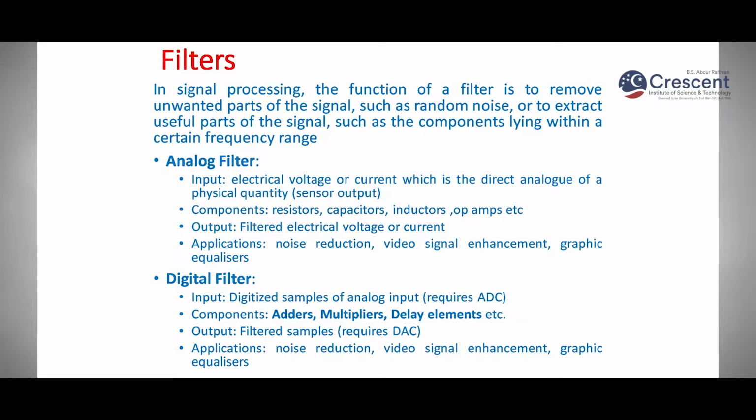The digital output can again be converted to analog output by using a DAC. Applications of digital filters are similar to analog filters: noise reduction, video signal enhancement, graphic equalizers, and apart from this, any kind of signal and image processing application.